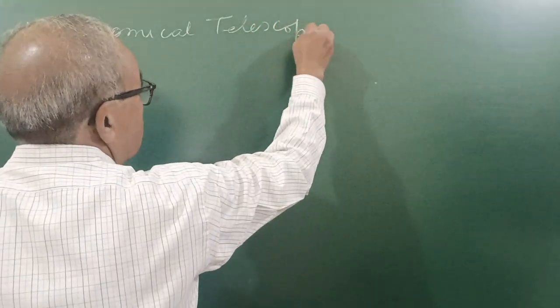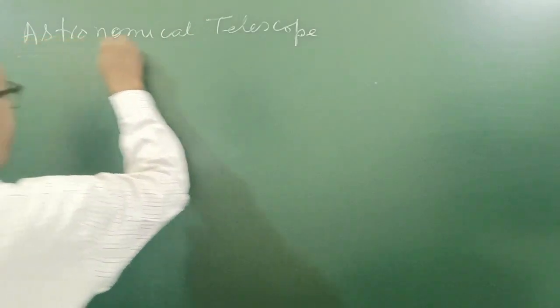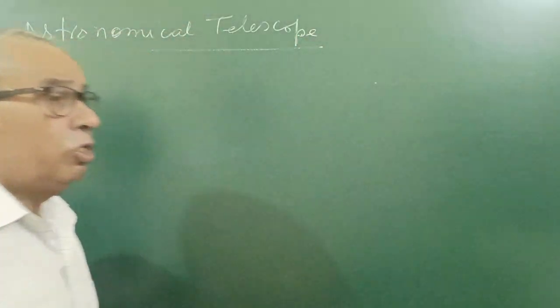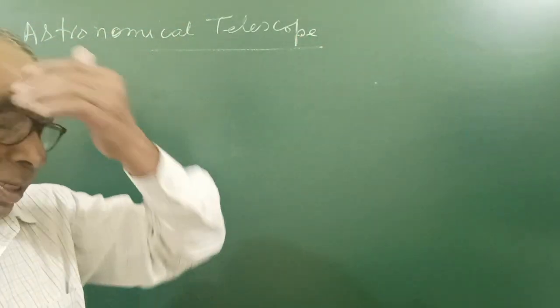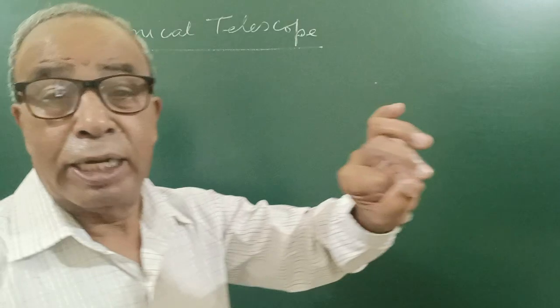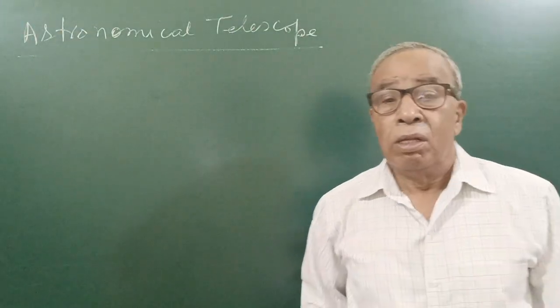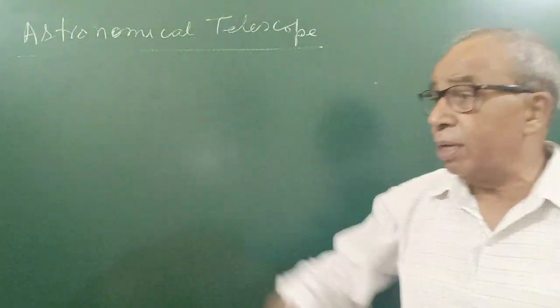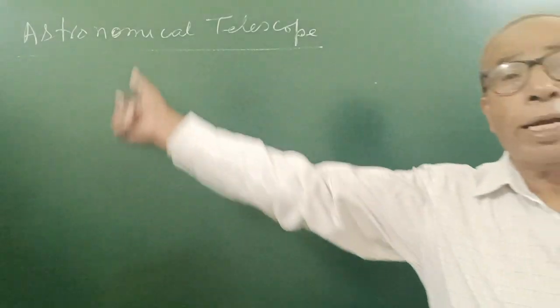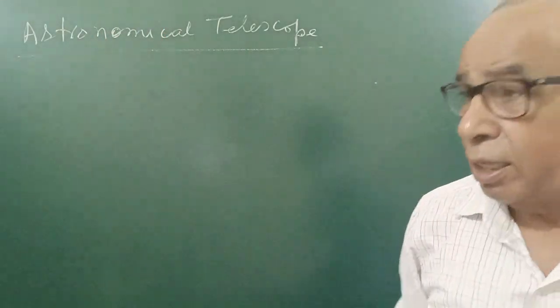We used to see objects in the sky which appear very small, stars which are in fact greater than the size of the sun, but because of the large distance they appear as point objects. The light coming from them is very small and gets spread, so we have to collect the light.